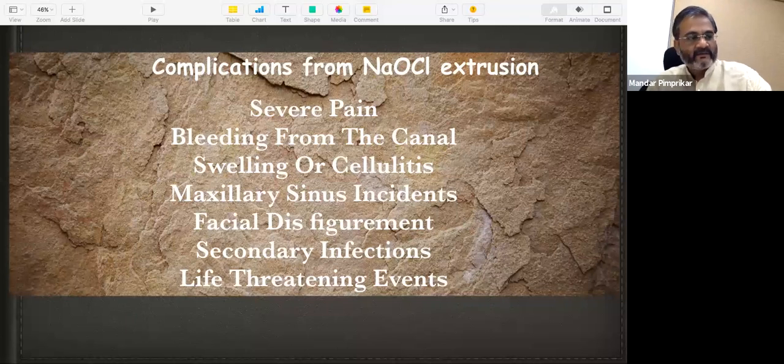Before that, I would like to divide these complications into 3 different categories. One is a very common accident: since we do not use a rubber dam, the hypochlorite or any caustic solution tends to drop into the patient's oral cavity. This is a very common scenario.